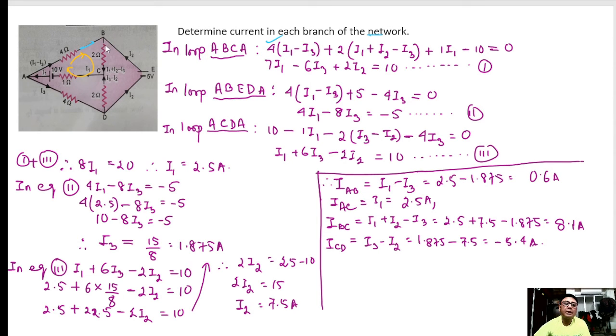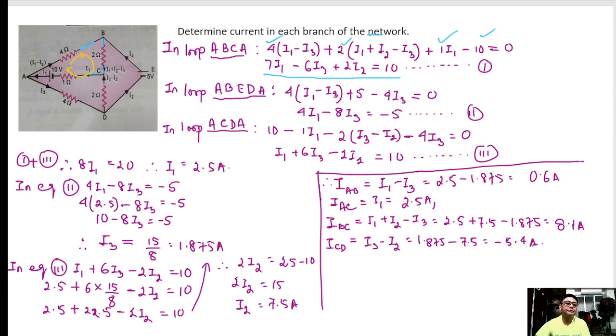Then we are going again in the direction, B to C, in the direction of the current, so again plus. Next we are going in the direction of the current and from negative to positive, so it will be 1 into I1 and minus 10. Using this we get this relation.